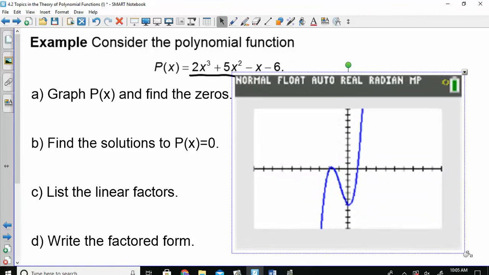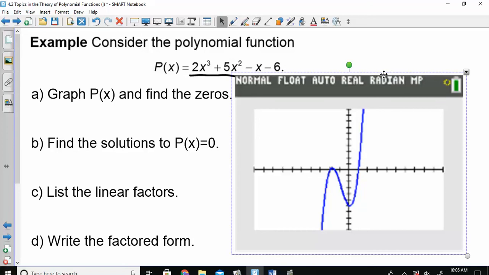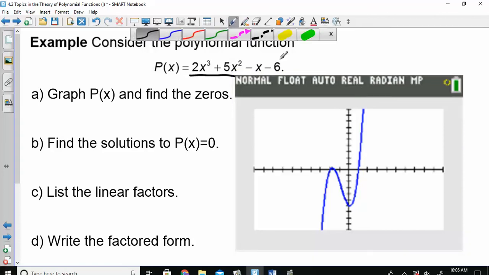Alright, so you get this. If I'm asking for the zeros on here, what am I asking for? Where it hits the x-axis. Okay, so we know this one and that one.